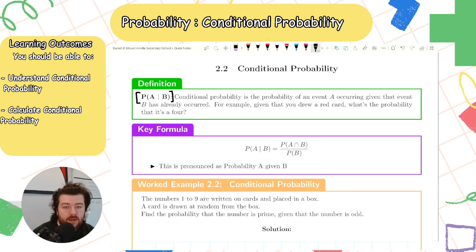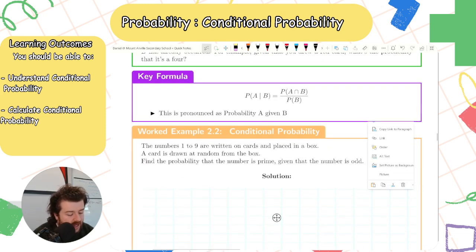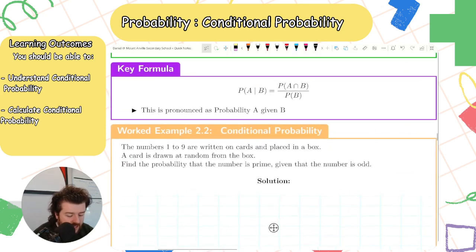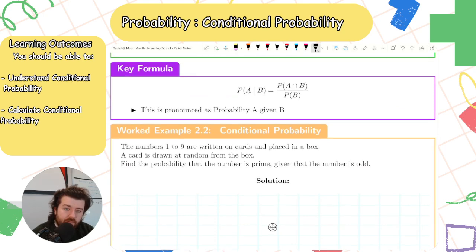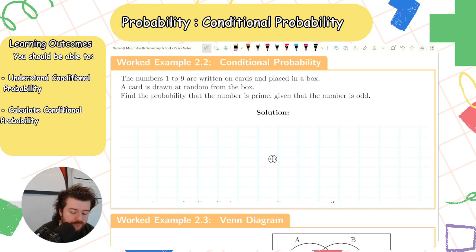That's what conditional probability means. And how we calculate it is: probability of A given B is equal to the probability of A intersection B over the probability of B. Remember, A intersection B just means the probability of A and B happening. So let's have a look here.